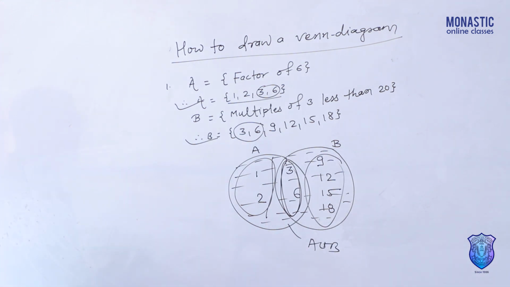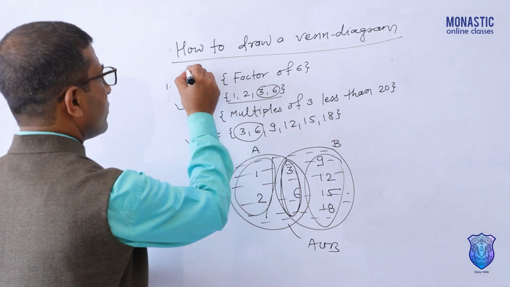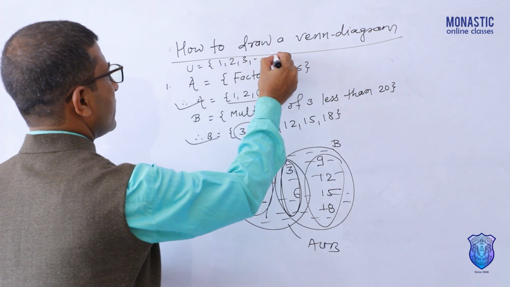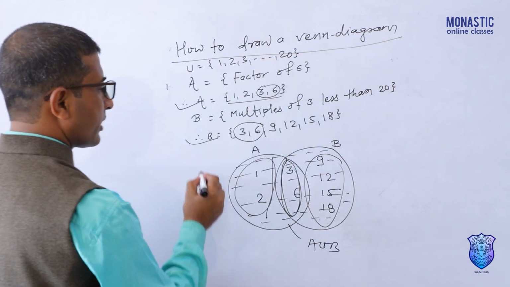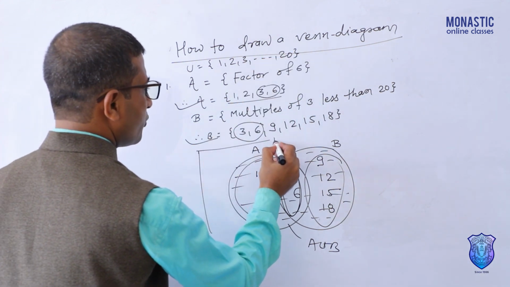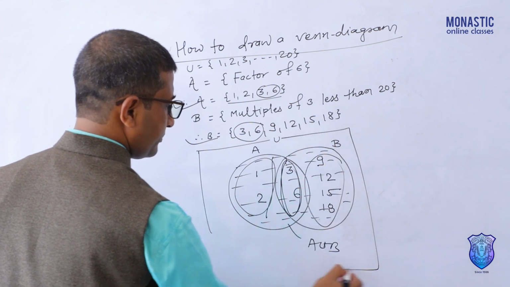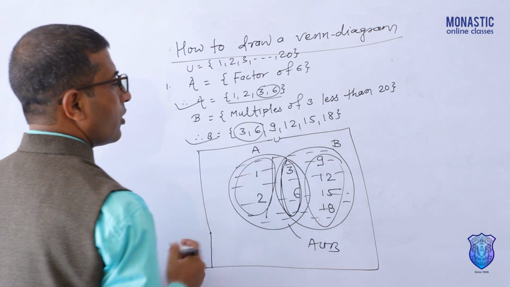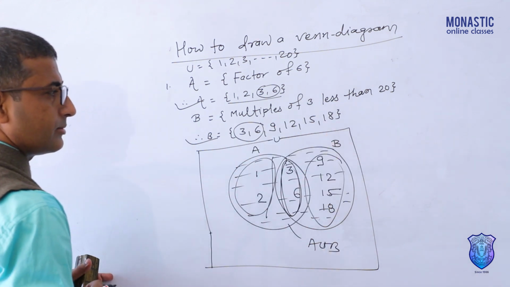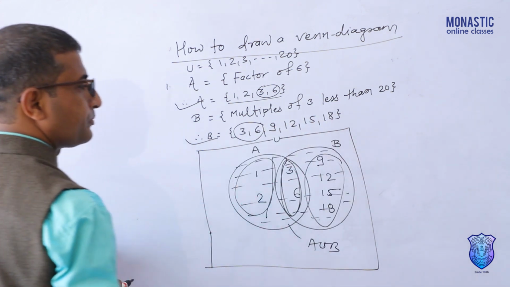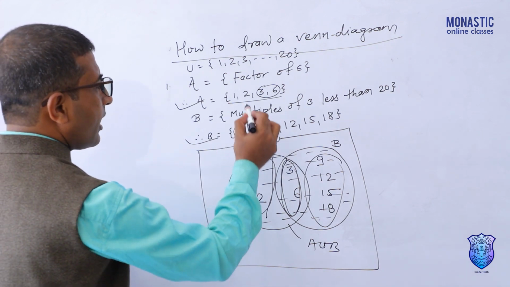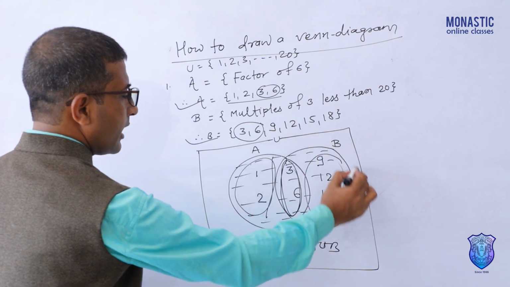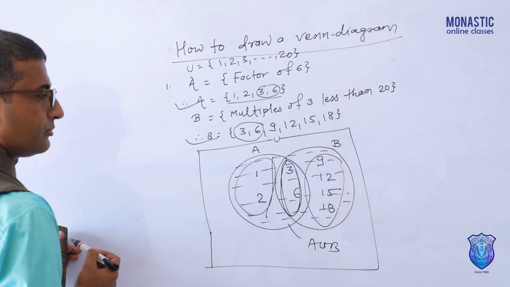If universal is given, suppose we have universal from 1, 2, 3 up to 20, then when we have to draw the universal, we must take a rectangular area like this. We have to draw a rectangle. And now the remaining elements which are not in A and B will be written outside.